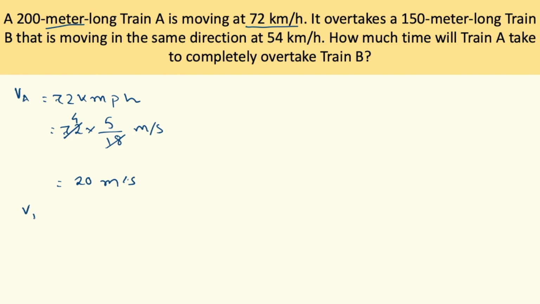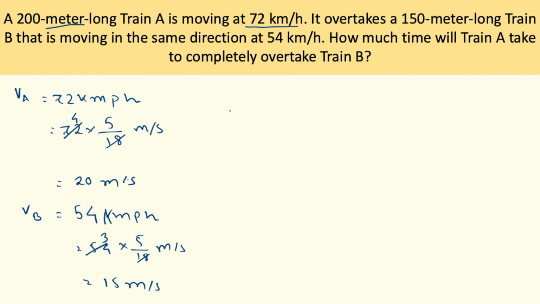Similarly, let's convert for VB, which is 54 kilometers per hour. So 54 into 5 by 18 will give me the speed in meters per second, and then 18 into 3 is 54, and then 3 into 5 is 15. Hence 15 meters per second is the speed of train B.